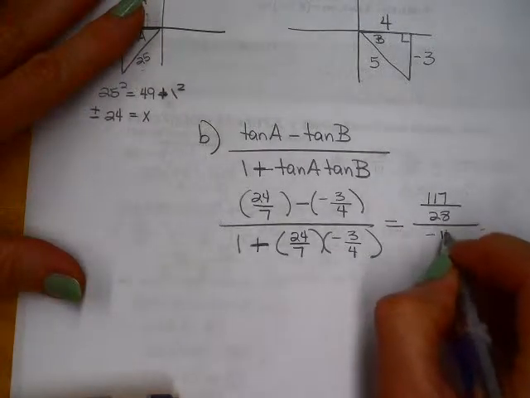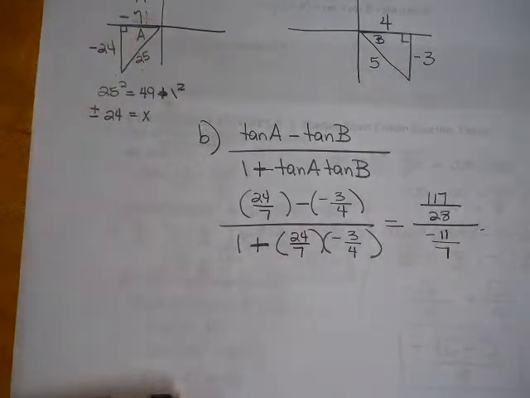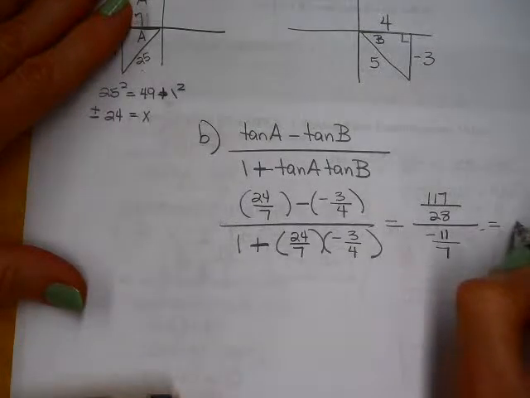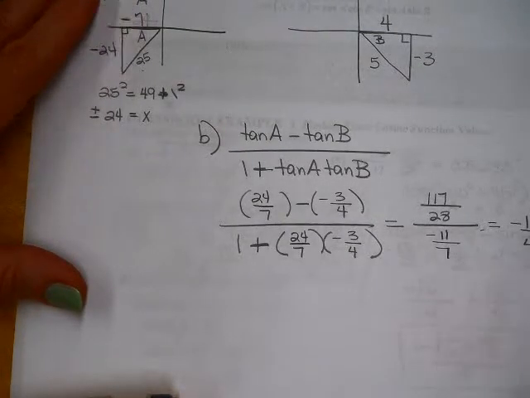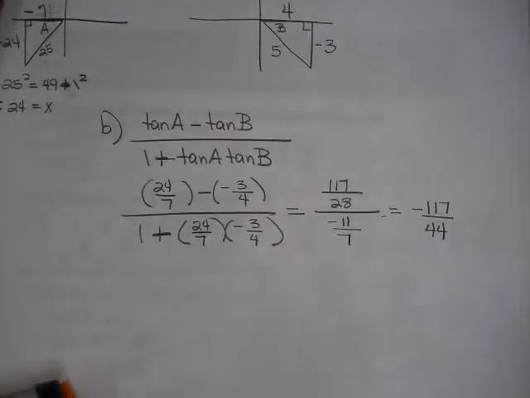This is a negative 117 over 28. And when I divide, I got negative 117 over 44. Oops, sorry.